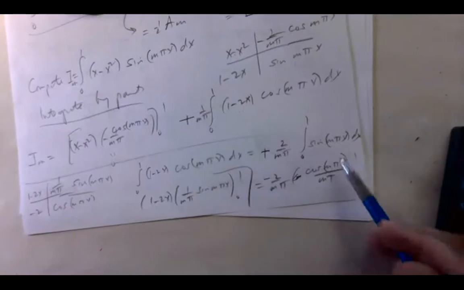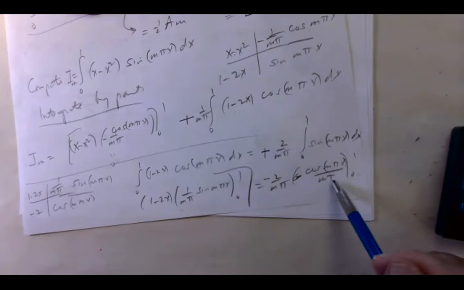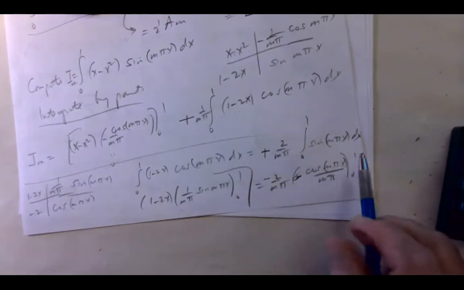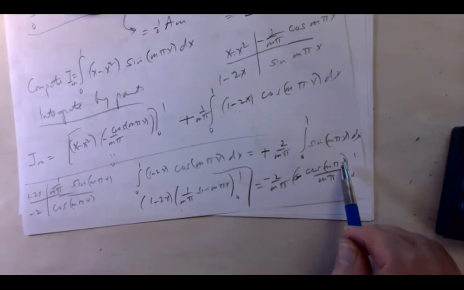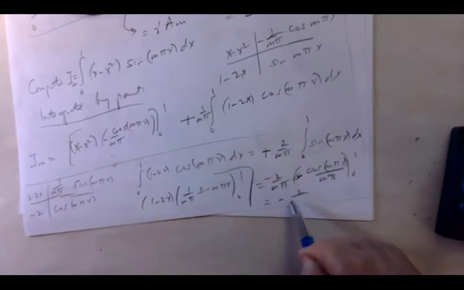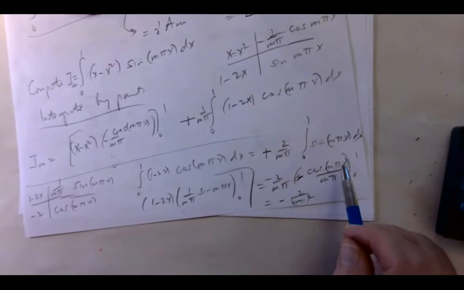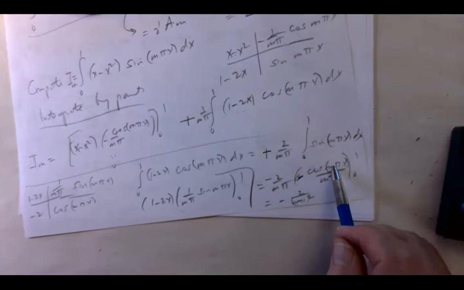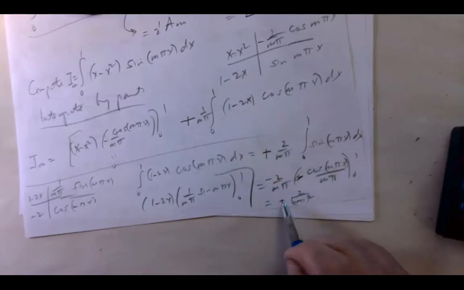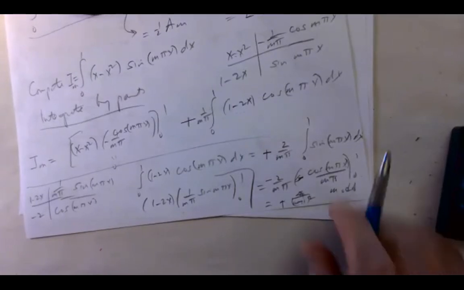So when x is 0, you get 1 over m pi. And when x is 1, you get plus or minus 1. So this is minus 2 over m pi squared. And if m is odd, you get minus 1, you get minus 2, makes this plus 4 if m is odd, and it's 0 if m is even.